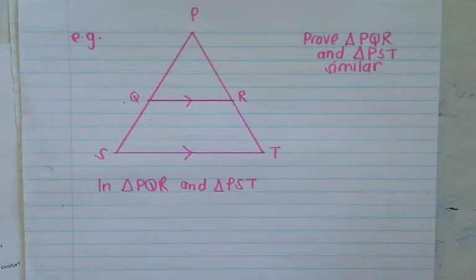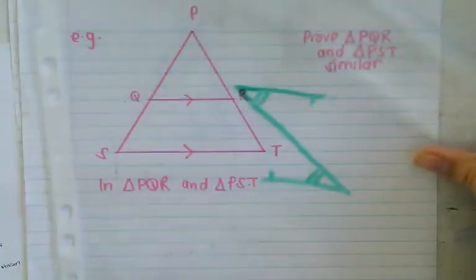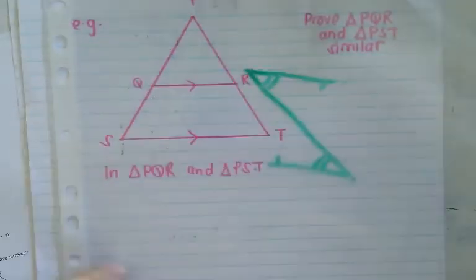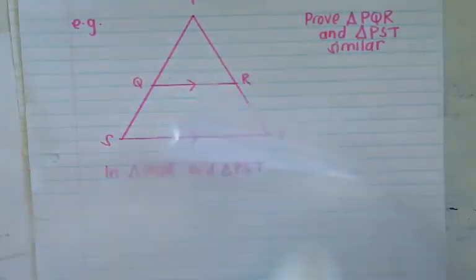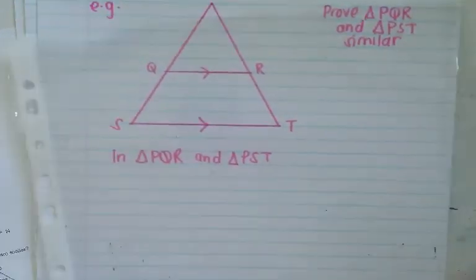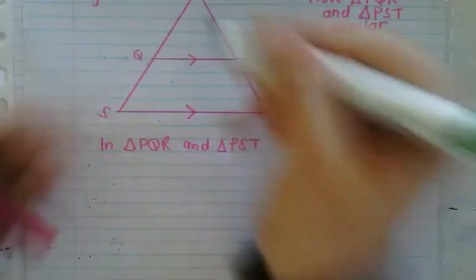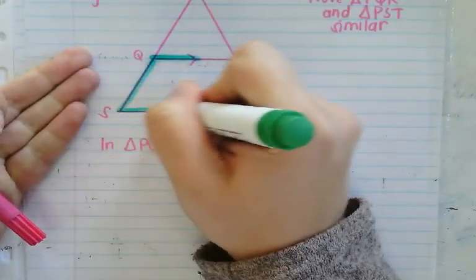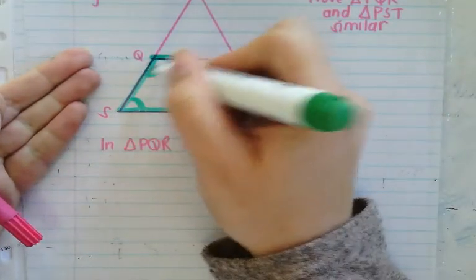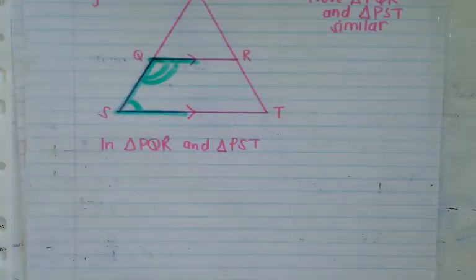But co-interior angles would be the U, right? But remember, it would be together on the inside. So I'll show you the U. In order to use co-interior, it would be these 2 angles. Is that what you're trying to say, Alita?